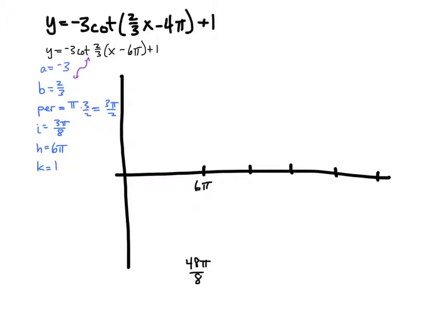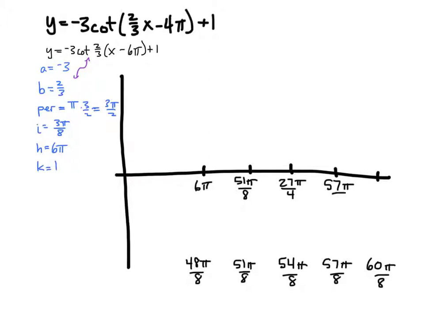So adding, I get 51 pi over 8, 54 pi over 8, 57 pi over 8, and 60 pi over 8. And then I'm just going to take whichever ones can reduce and reduce them. So 51 pi over 8 doesn't reduce. 54 pi over 8 is 27 pi over 4. 57 pi over 8 doesn't reduce.